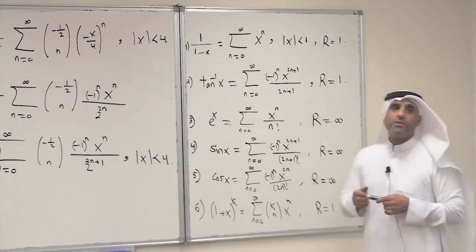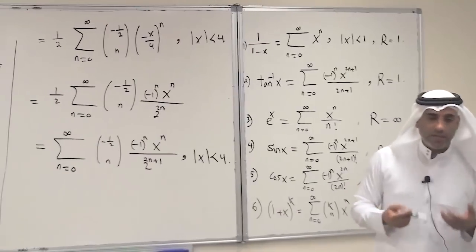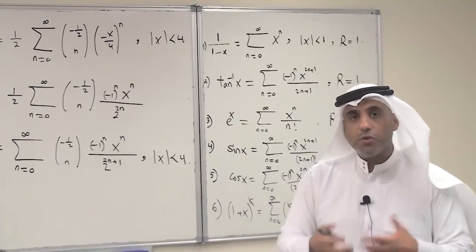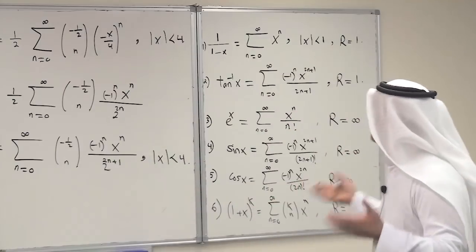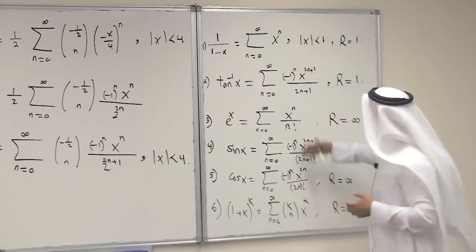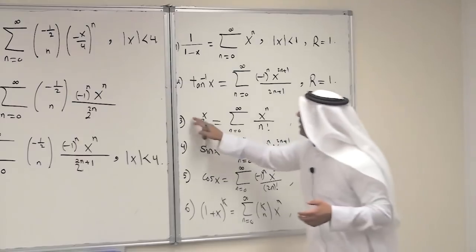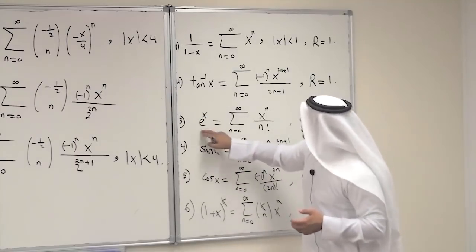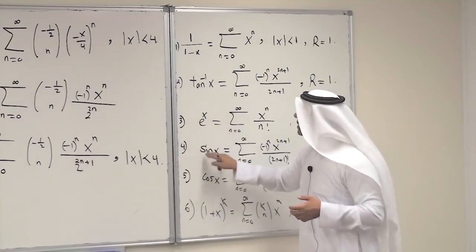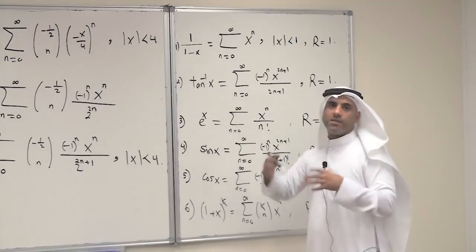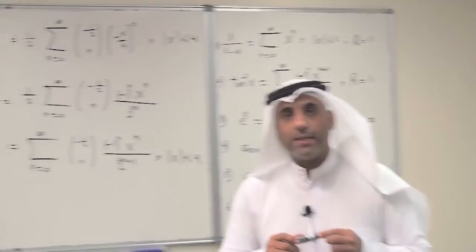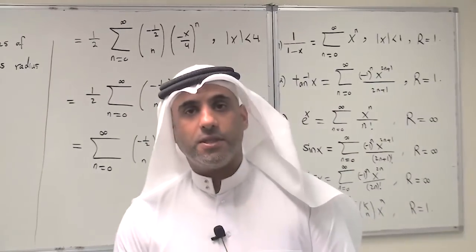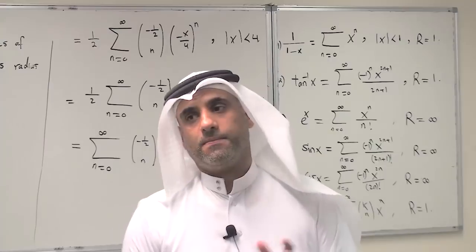We use also these series to integrate some functions that are not elementary. We can also use them to find limits of different types of functions. We can also use them to represent other functions, like, for example, x cubed e to the x, e to the x squared, sine of x cubed, and so on. That is simply what we call Maclaurin and Taylor series representation of functions. That's it.